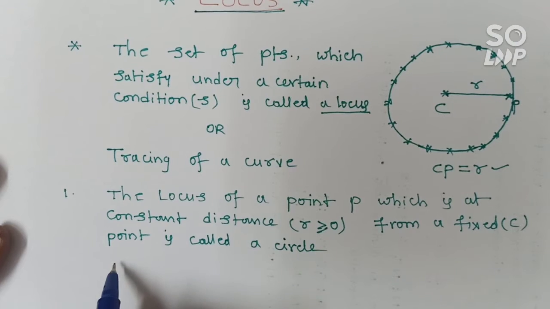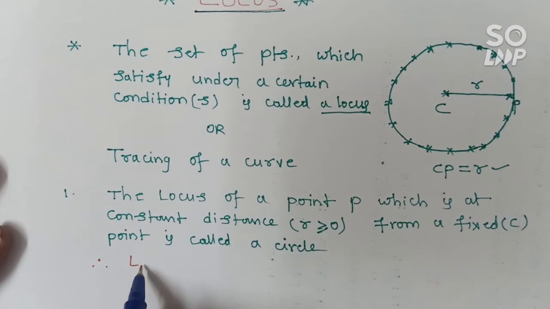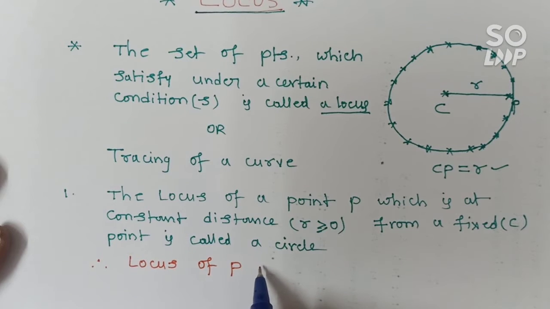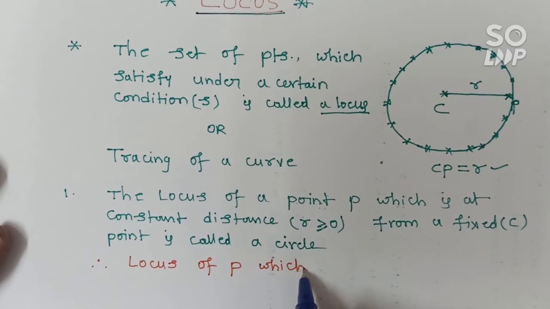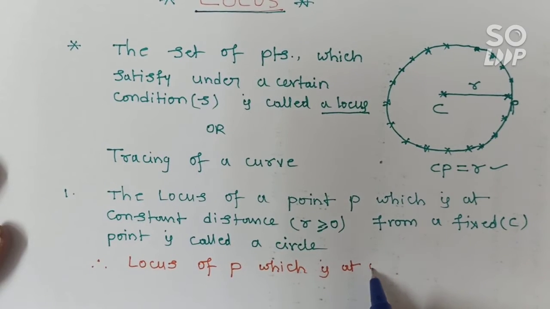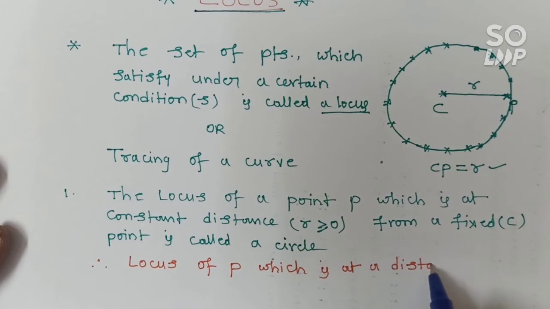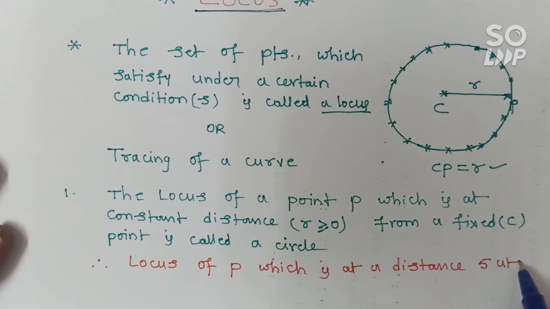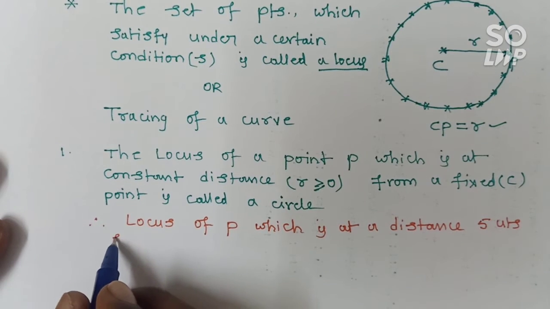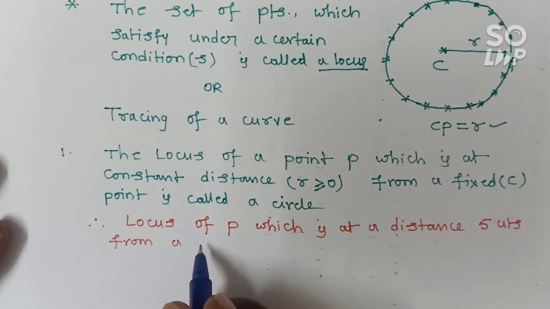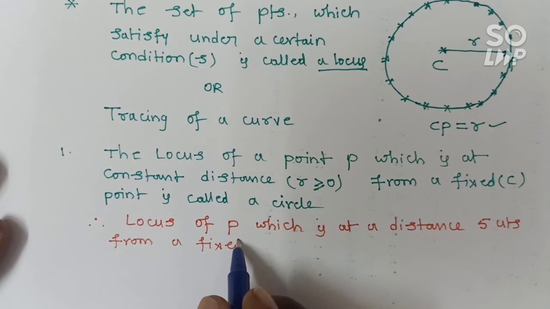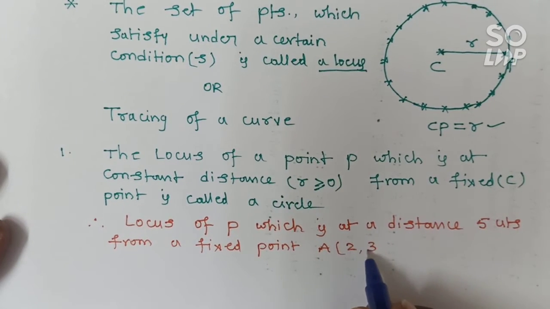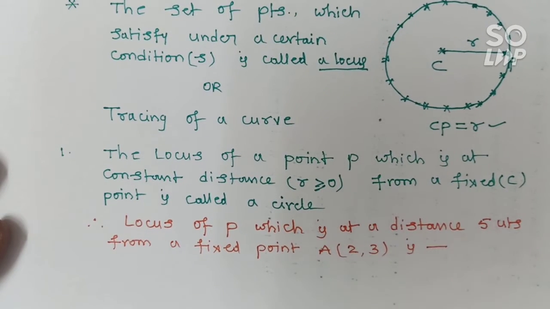The locus of P which is at a distance of 5 units from a fixed point A equals (2, 3), what is the locus of P?